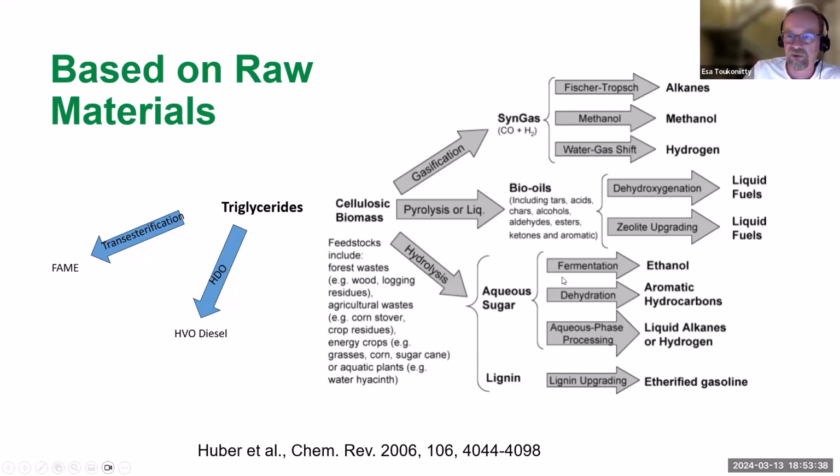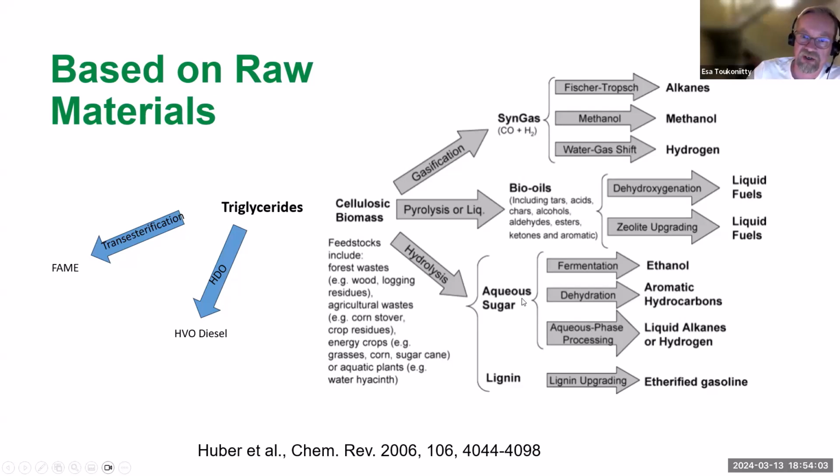And there are various methods that you can then use to convert this hydrolyzed material into products. So you end up with sugars, so you can ferment them into ethanol. That's something that we take a look at later. You can dehydrate, so remove water, and make aromatic hydrocarbons. You can do so-called aqueous phase processing.